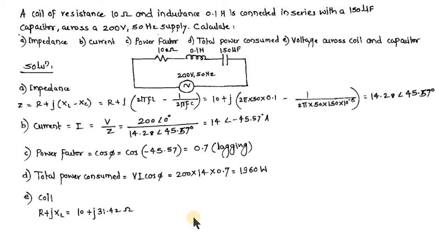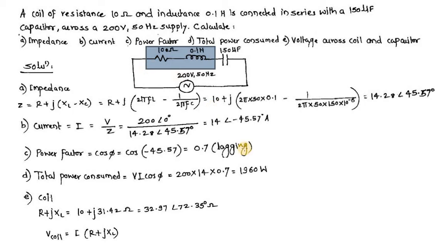And now if this is the impedance, if we multiply this impedance with the current that is flowing in the circuit, what I get is the voltage across this coil. So I into this impedance will give me the voltage across coil.